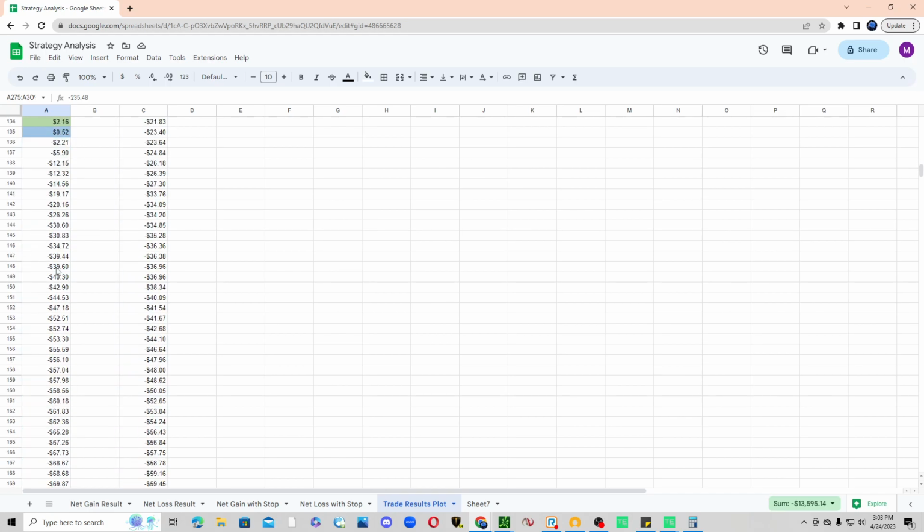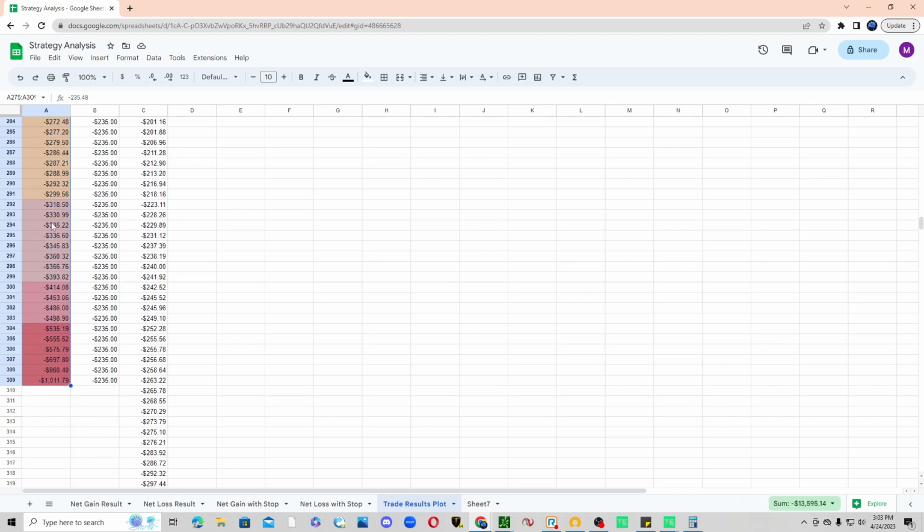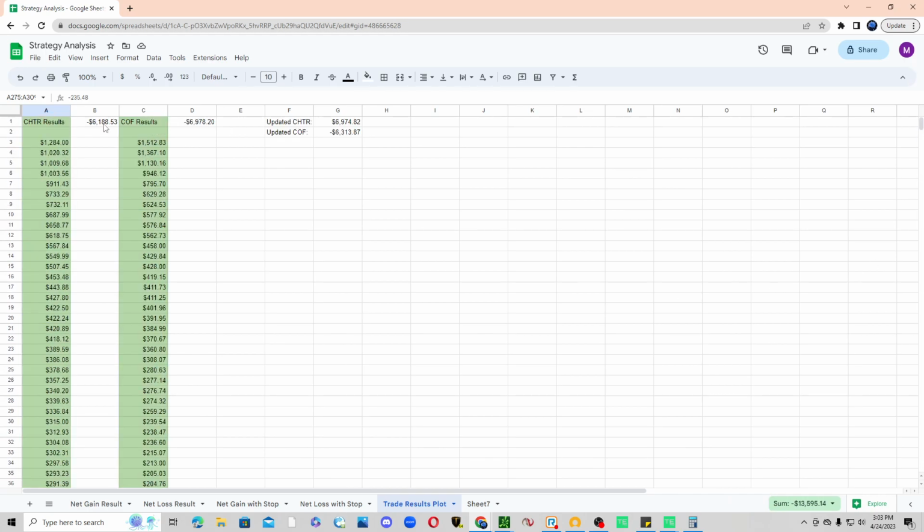I can start off by cutting my worst results, because I would know right away that most likely there was no need for my top 20 percentile of losses. I should have been able to cut myself off before I let these get any deeper. So that extra $5,000 or so, when added to this P&L, now puts us at negative 1,000. It doesn't put us in a positive, but greatly reduces our loss.